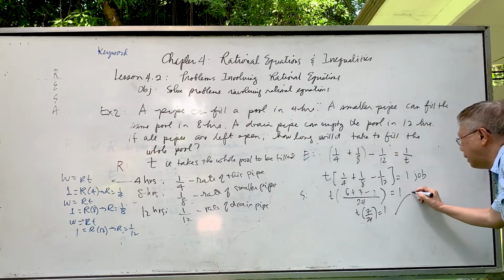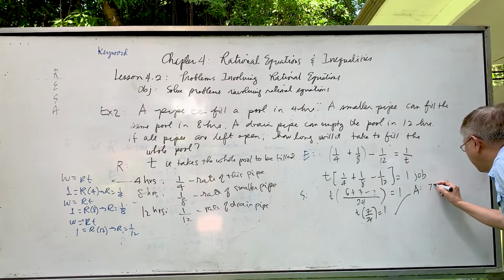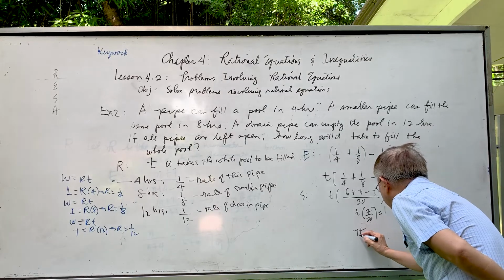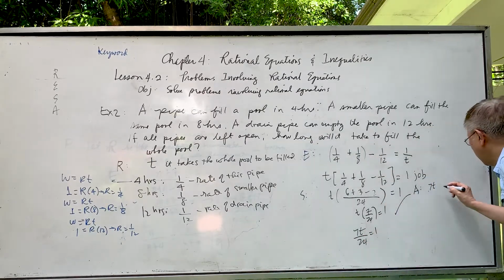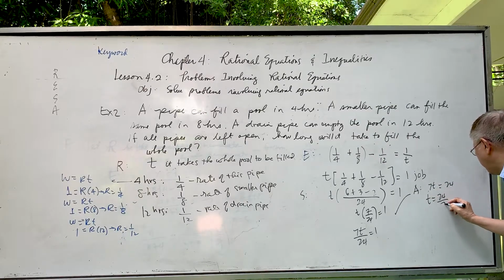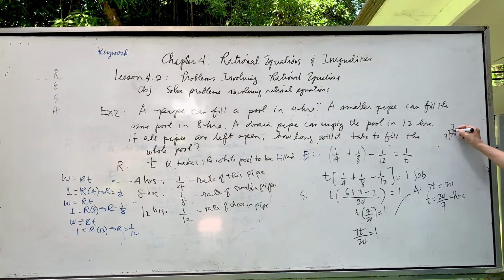If you look at this, my answer here now will be 7 t over 24 equals 1, or 7t equals 24, or t is what? 24 over 7 hours. So this is 24 divided by 7.